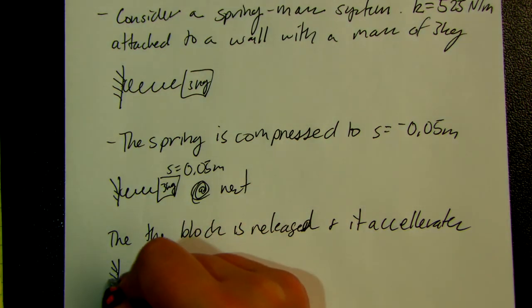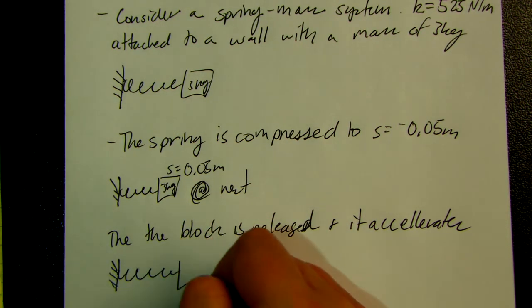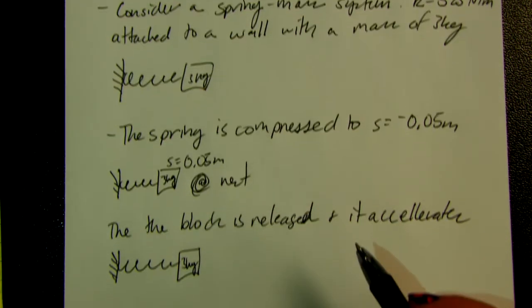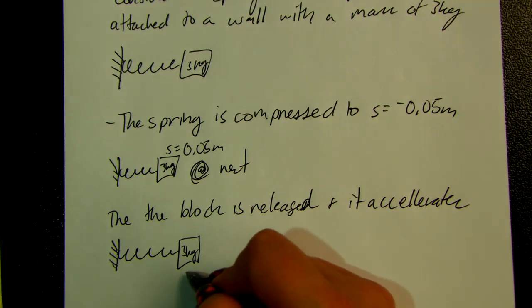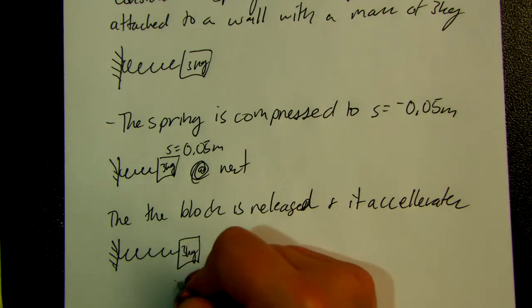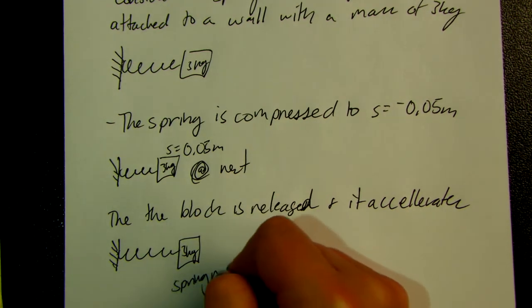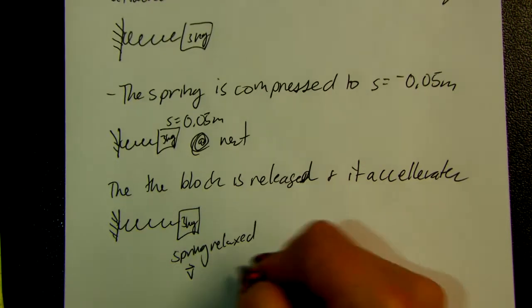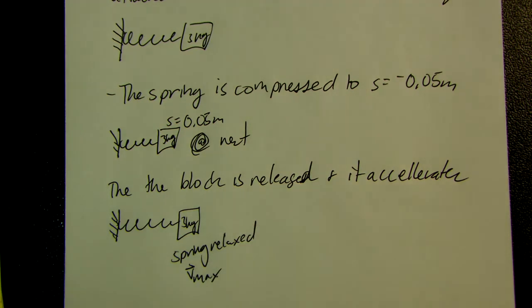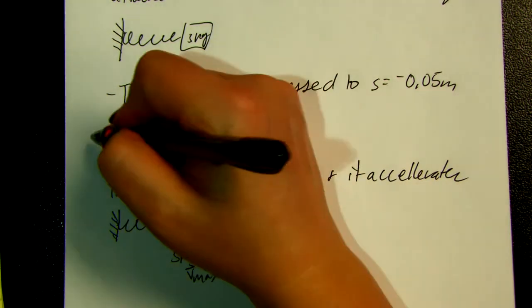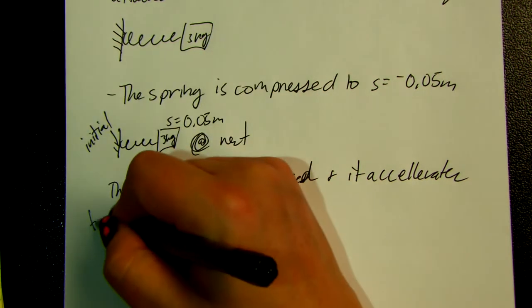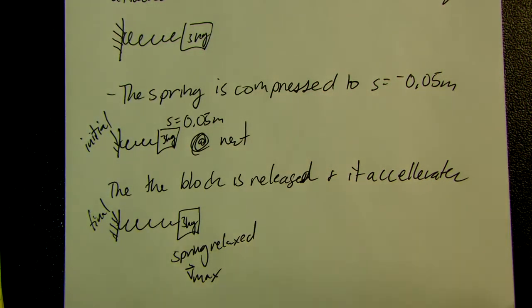For our final position, we're going to look at the point at which our mass has gone through the point where the spring is relaxed, and the velocity is, of course, at the max. So this is our initial, and this is our final for all problems that we're going to be looking at involving this.